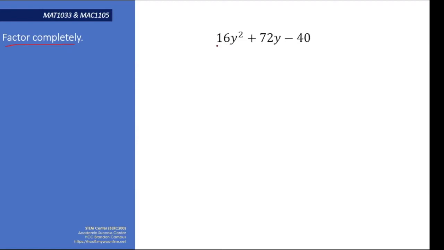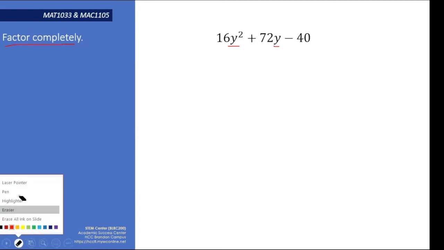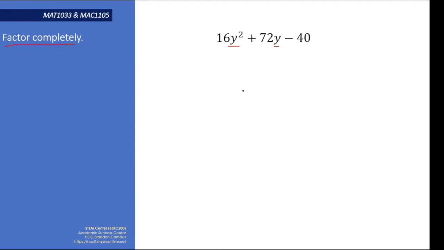So in this example, we do have y squared and y, and we also have some big numbers here that are in our expression. And there is a way to factor these kinds of things, and that's going to be an important tool for multiple different types of problems in your courses.